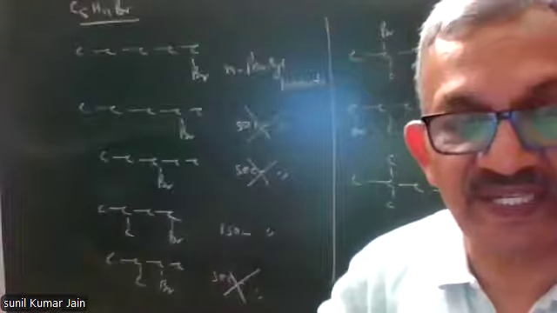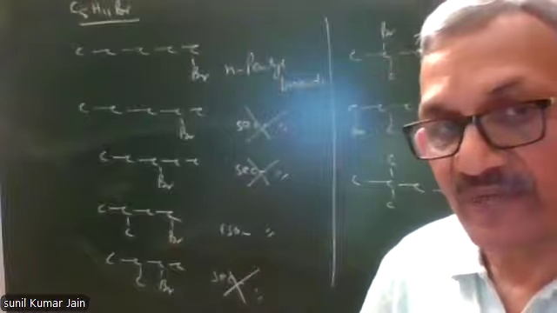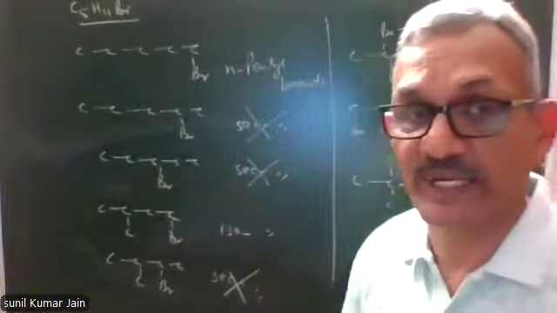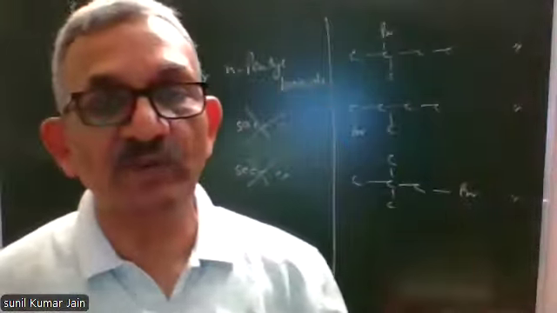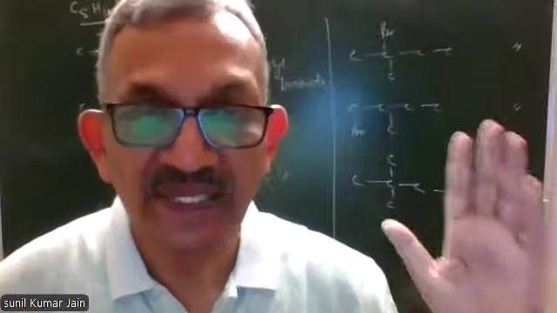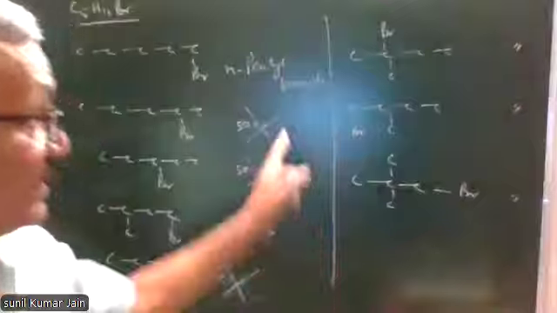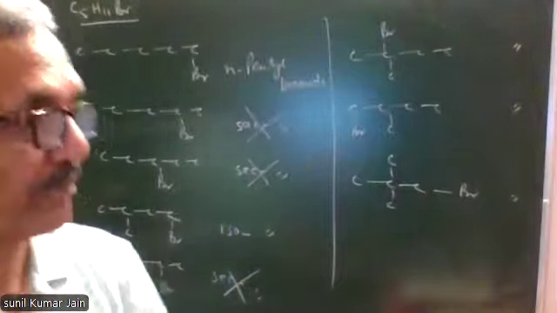This is one of the secondary pentyl bromides. If I say this is secondary pentyl bromide, it would mean this is the only secondary pentyl bromide. No, there are more than one secondary pentyl bromides. Therefore, I'll say this is one of the secondary pentyl bromides. No common name is used for them.